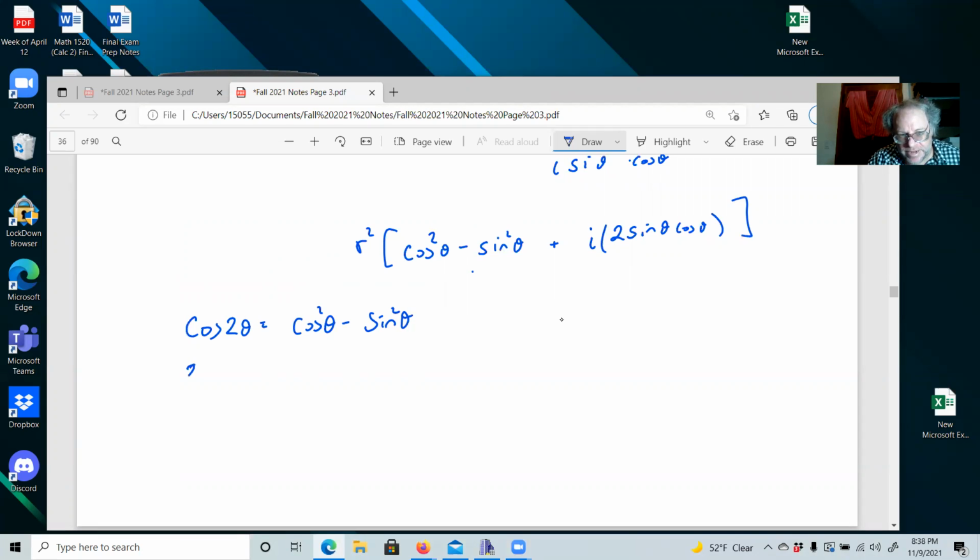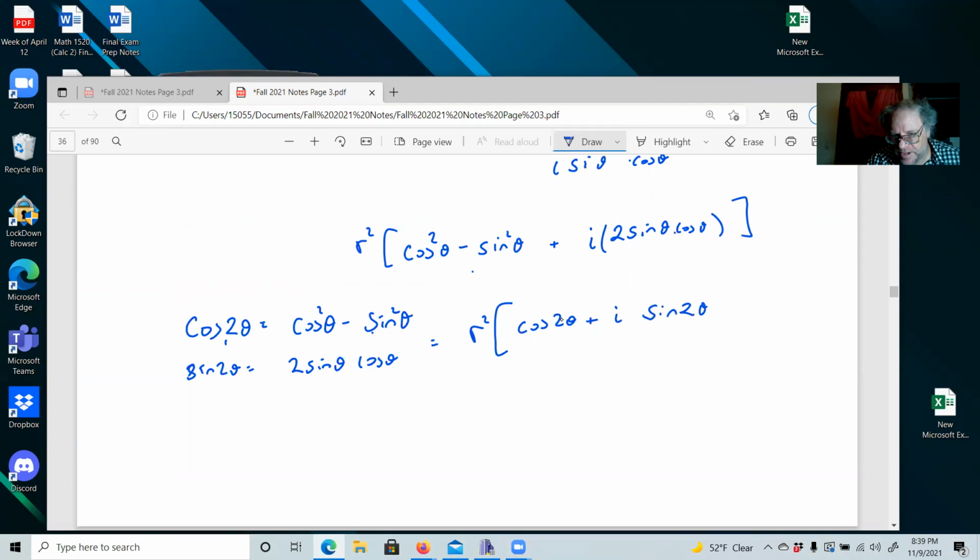And then the sine of 2 theta was equal to 2 sine theta times cosine theta. Look at that. So this is equal to r squared, and this little piece here turns into cosine 2 theta plus i sine 2 theta. So z squared equals r squared cosine 2 theta plus i sine 2 theta.